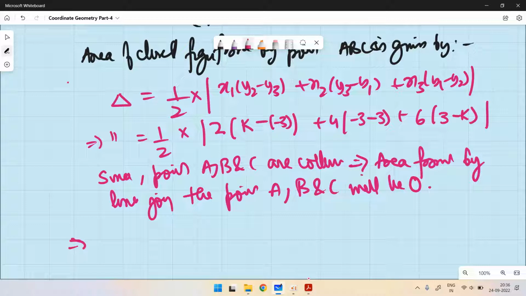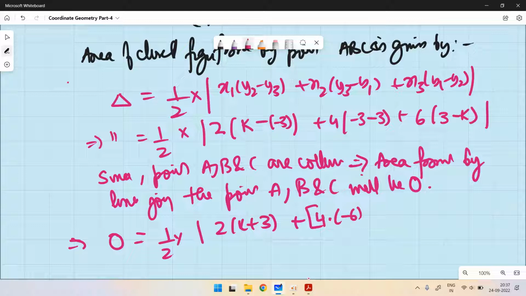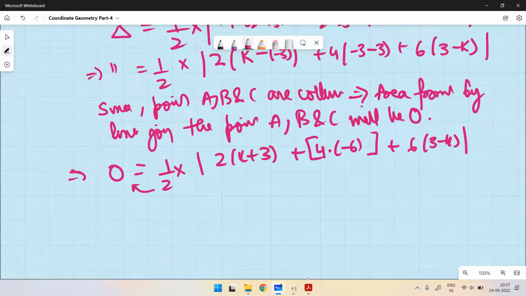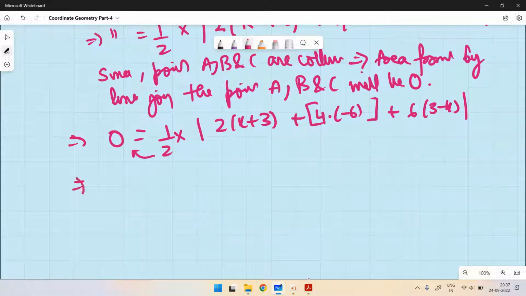So you equate this to 0. If you open this, it is half into 2 into (k plus 3) plus 4 into minus 6 plus 6 into (3 minus k) equals 0. Now if you take half to the right hand side, this will also get 0.